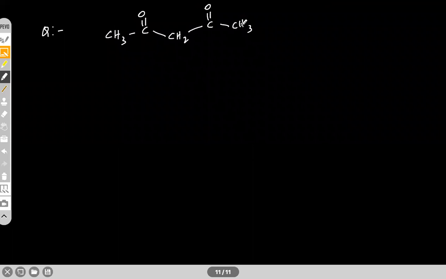Does this show the iodoform test? With I2 and NaOH, could you tell me the product in this reaction?